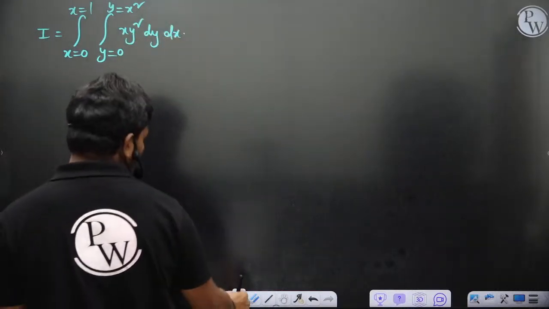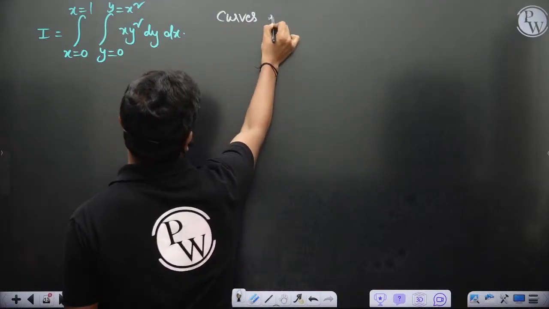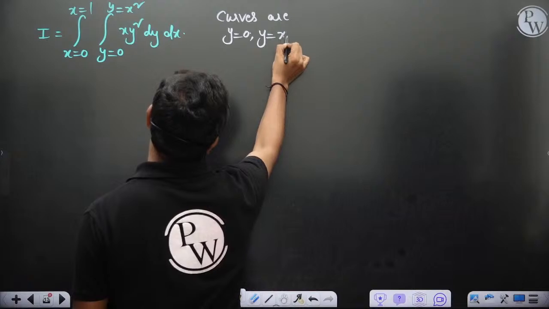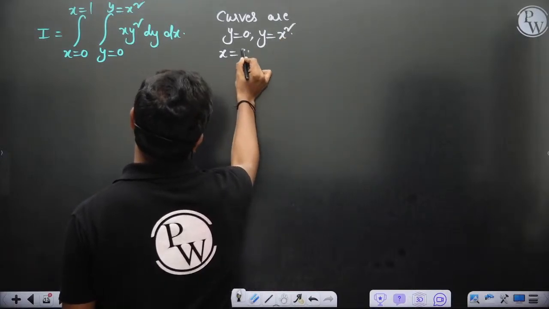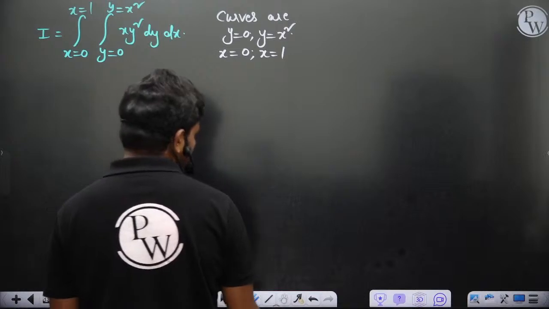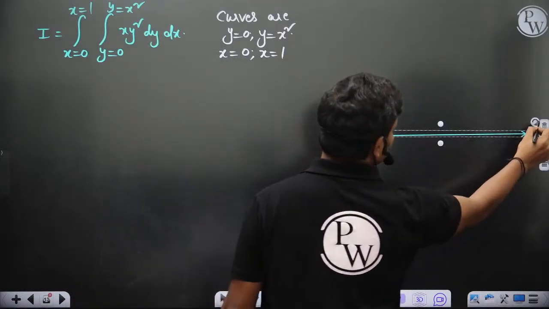Now let us plot the curves. What are the curves you have? The curves are y equal to 0, y equal to x square, x equal to 0 and x equal to 1.